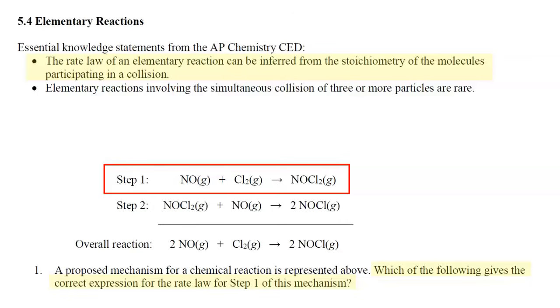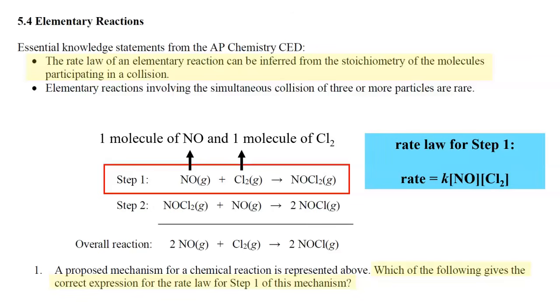So I see one molecule of NO, or nitrogen monoxide, and I see one molecule of Cl2, or diatomic chlorine.